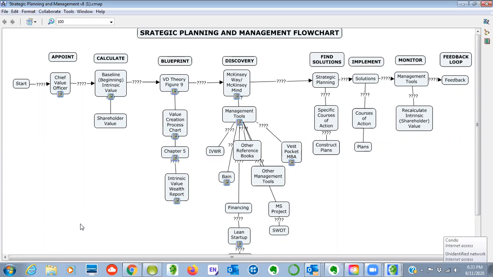So I came up with this concept of a chief value officer, because what I've found, and I've found this even more now in the last 8 or 10 years since I started working on the dissertation and published it, is that the value creation process oftentimes gets forgotten, or was never even really recognized in the first place in enterprises.